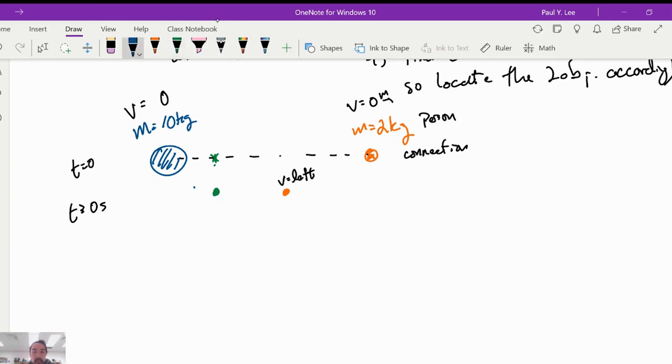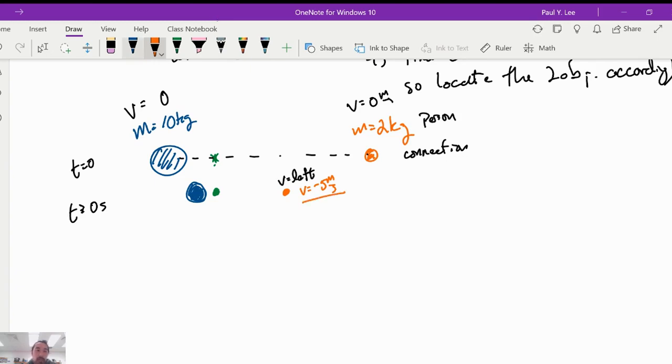So that means that if the person came over there, that's probably a good location of the 10 kilogram object. But if we were to do this numerically, let's say the velocity of this person, I don't know, we'll make it negative 5 meters per second. Negative 5 simply because it's moving to the left.